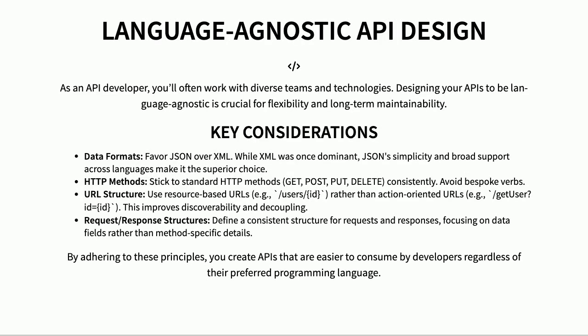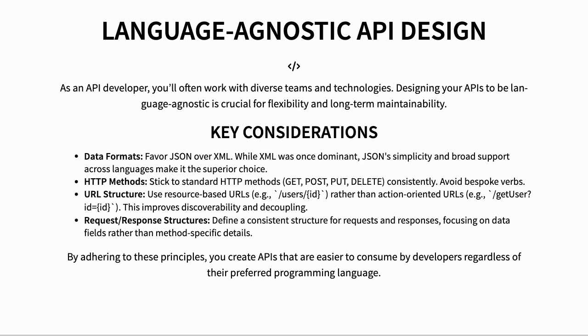Okay, let's talk about designing your APIs so they work really well with everyone, no matter what language they're using. The key here is being language agnostic, meaning your API shouldn't depend on a specific language to function correctly. We want it to be flexible and easy for developers from all backgrounds to use. First, let's focus on data formats.